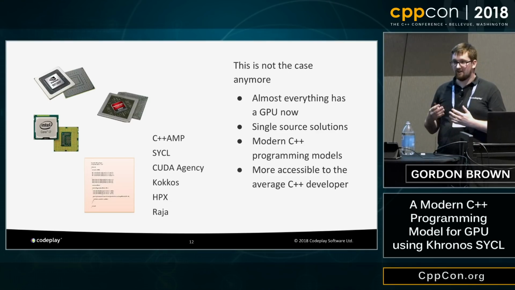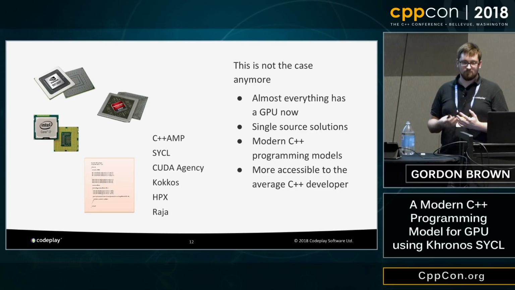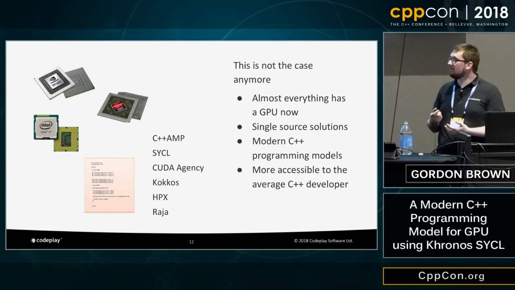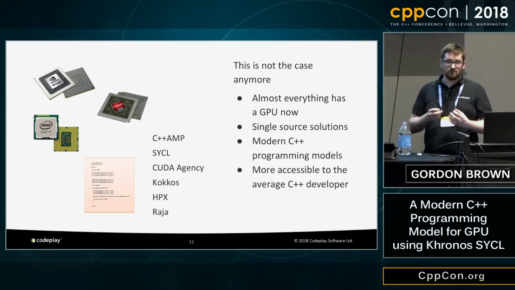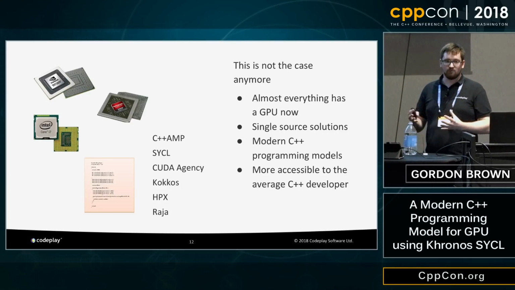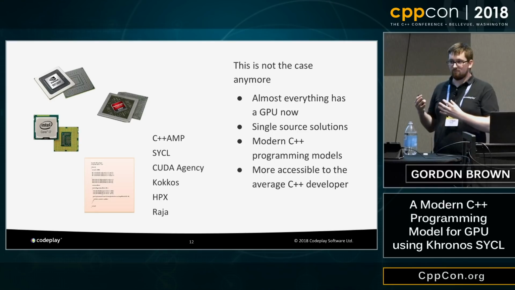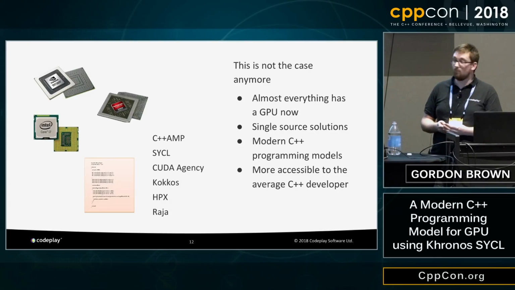They're allowing you to program heterogeneous devices such as GPUs using a familiar C++ programming model. In all of these models, you have what's called a single source model, where your host CPU code and your device code are both in the same source file. They're both C++, and generally your device function is a lambda. So it's a lot more accessible to the average C++ developer than what we used to have.